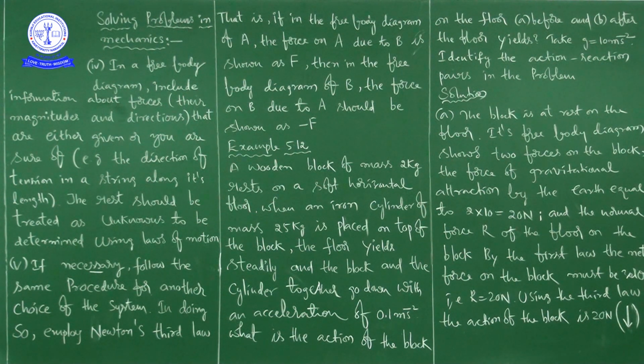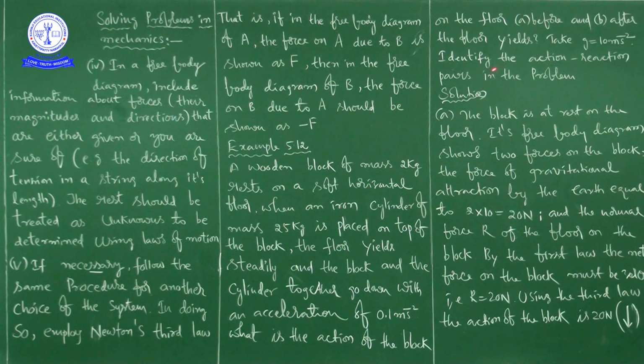When an iron cylinder of mass 25 kg is placed on the top of the block, the floor yields steadily and the block and the cylinder together go down with an acceleration of 0.1 meter per second square. What is the action of the block on the floor? A, before keeping the cylinder, and B, after keeping the cylinder. So, before and after. See here.